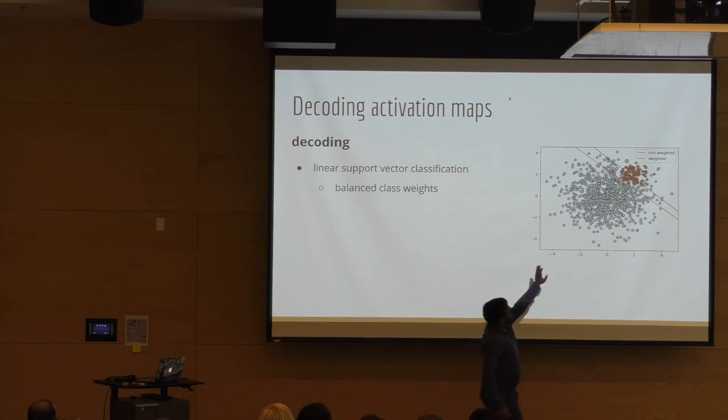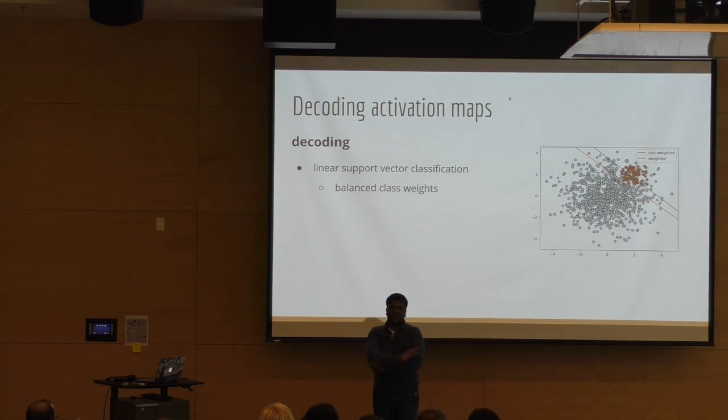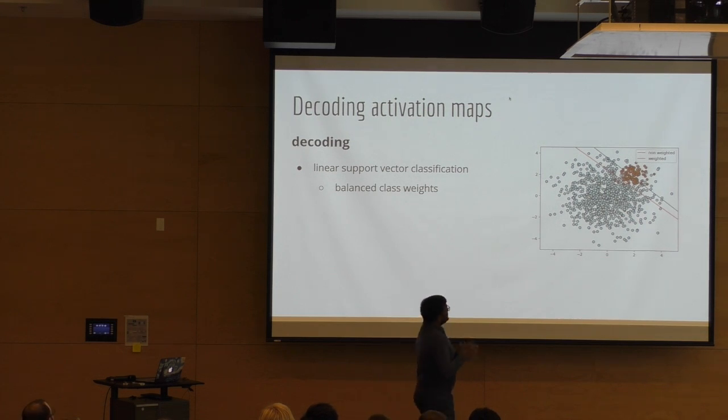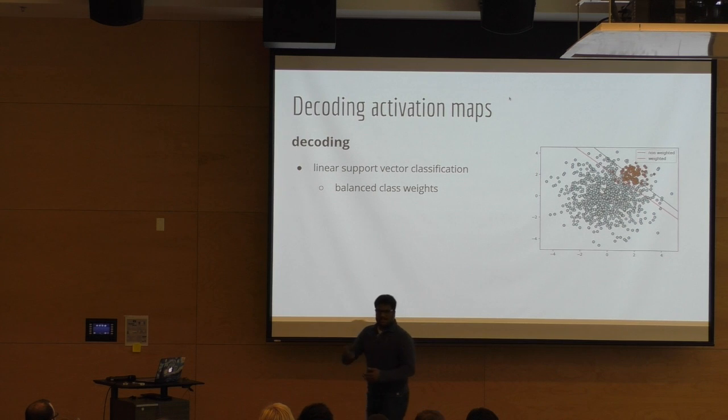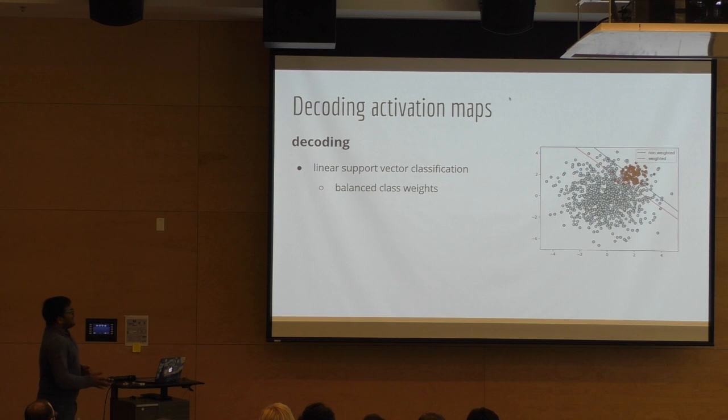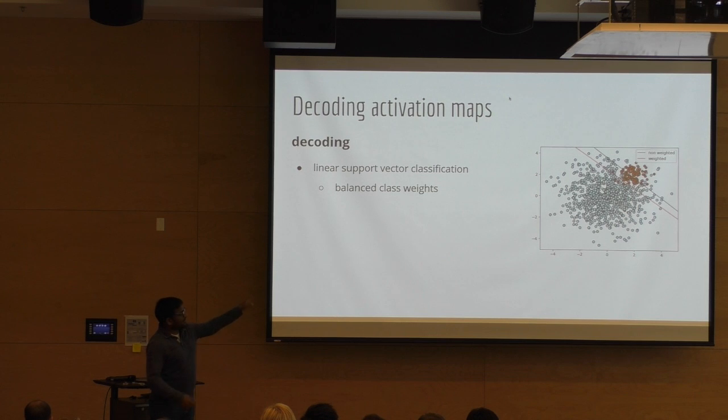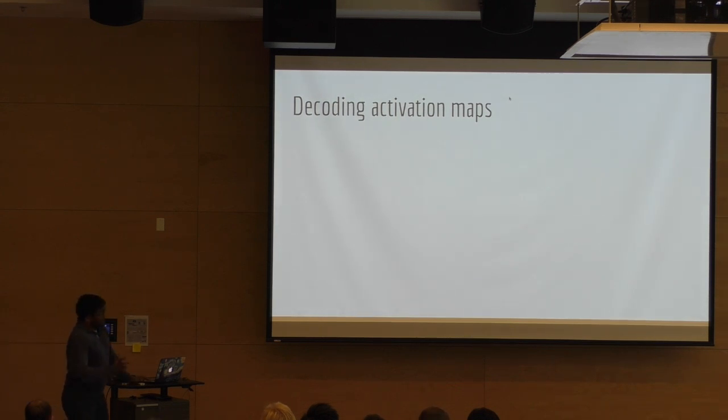The reason being, look at the black line there. If you do not specify to the algorithm that your classes are imbalanced, the classifier just tries to predict every sample as being a blue sample, which in turn boosts up your classification accuracy, but that's not what you want. So what you do is you balance these class weights to make sure that your new separating boundary, or hyperplane, is the red one, and it does a decent job in identifying both the classes. So that is what we did.